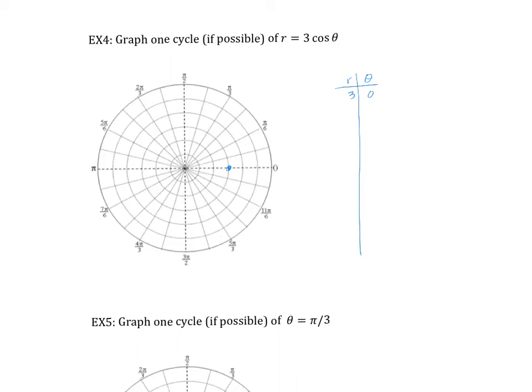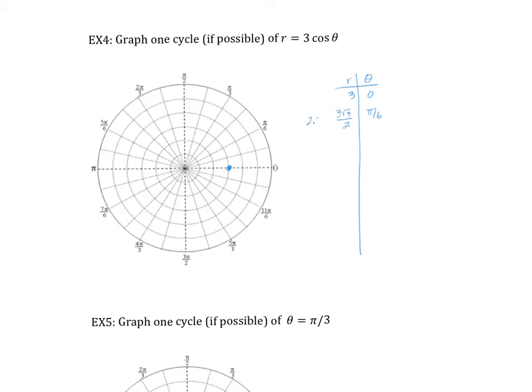And then I'm just going to go around my circle, maybe try pi over 6. Cosine of pi over 6 is square root 3 over 2, so r is 3 times the square root of 3 over 2. Now, I know from graphing before with my trig values that the square root 3 over 2 is about 0.9, so times that by 3, it's about 2.7.